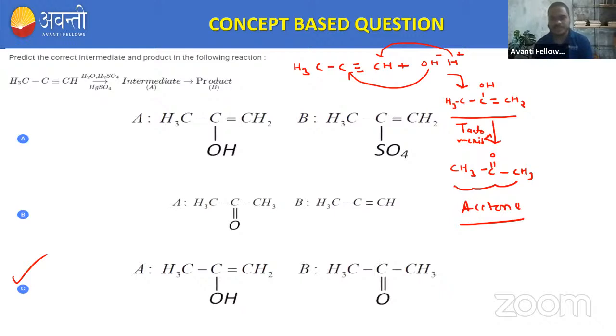So the intermediate has OH and the final product is ketone. So this is the correct option, option number C. Did everyone understand? Confirm once. Everyone got it?